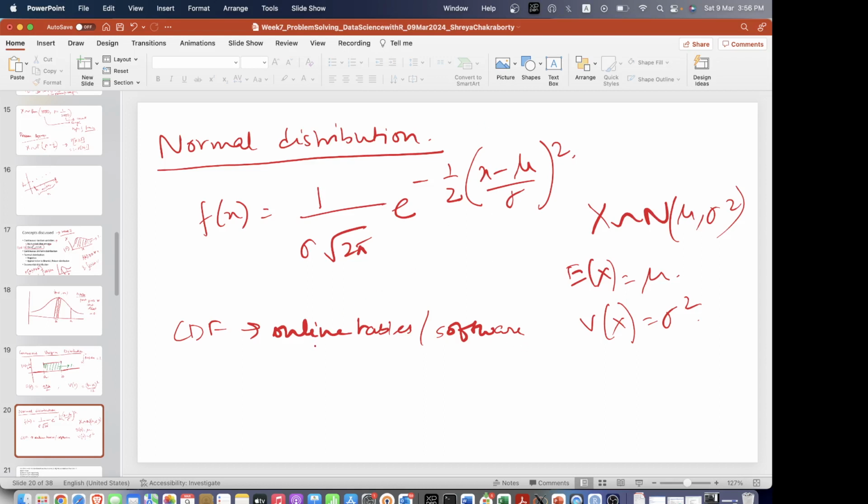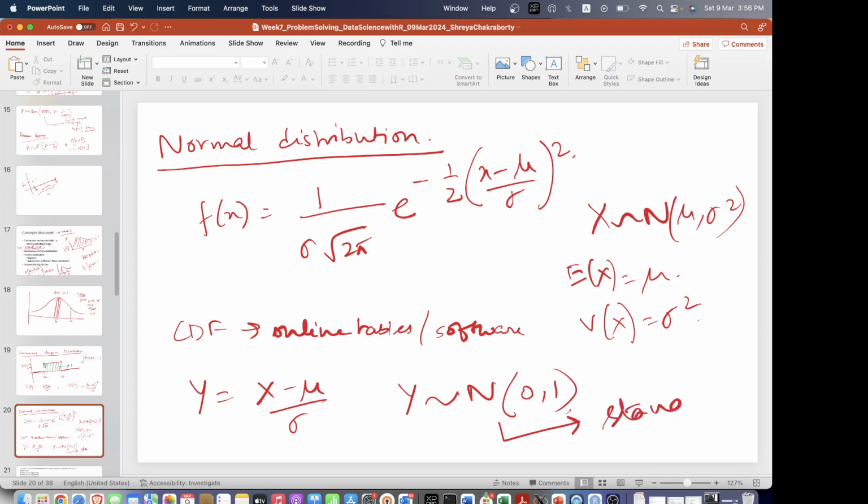If we transform this variable, so let's say we consider a variable y, which is x minus mu by sigma, then y follows normal 0, 1. Any normal distribution with mean 0 and variance 1 is called a standard normal distribution.